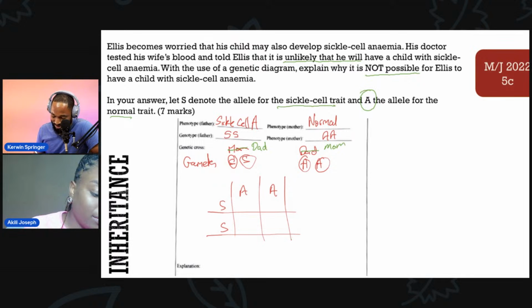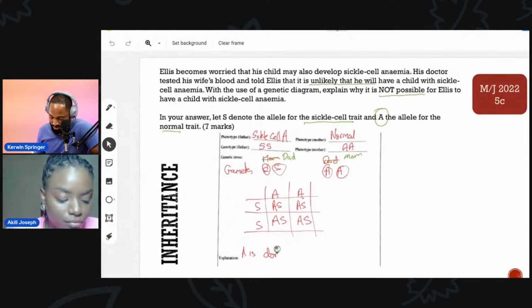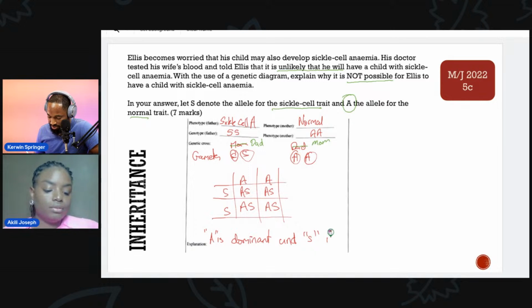Oh yeah, sorry, that was a mistake. So who do you put first? Let's put AS, with all of them coming out with traits. A is dominant and S is recessive.